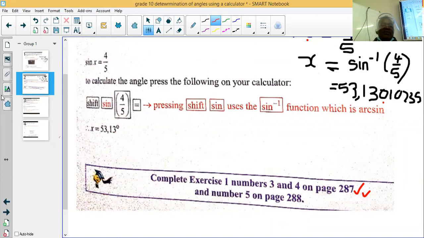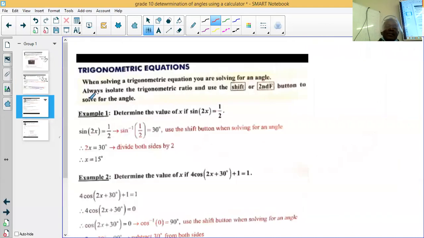Now, let me move on to trigonometric equations. This one also was given to you, right? Yes. On trigonometric equations, let me work on those examples first. Okay.